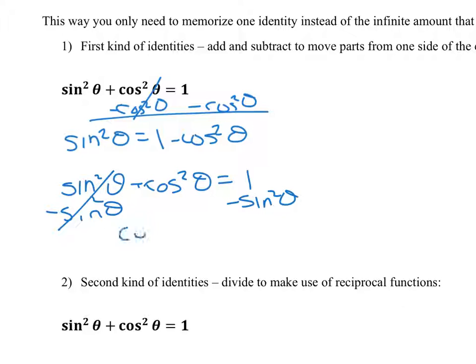These would cancel out, and you would get cosine squared theta is equal to 1 minus sine squared. Pretty exciting.